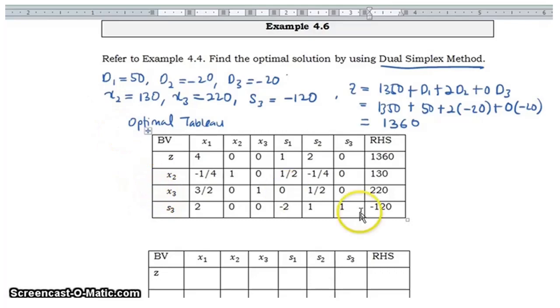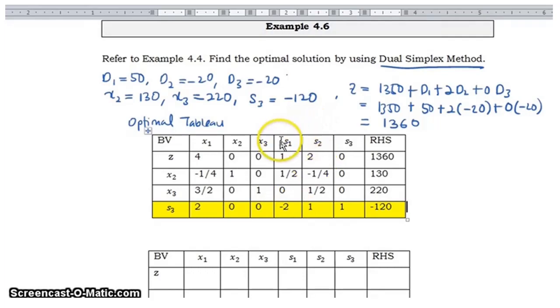Now we can see that this tableau is not the optimal tableau since we have a negative value for one of the basic variables. Therefore, we can solve this problem by using the dual simplex method. Choose the variable with the most negative right hand side as the leaving variable. Then choose the entering variable. Okay, in the pivot row, only S1 has the negative coefficient.